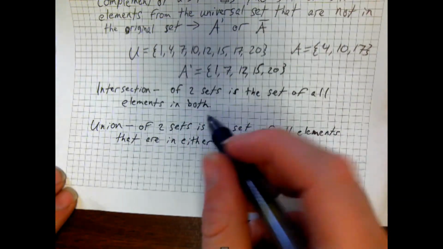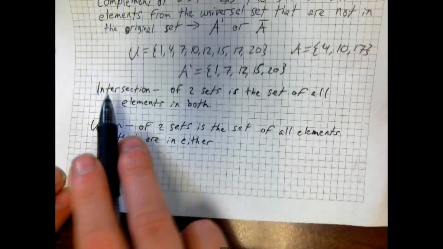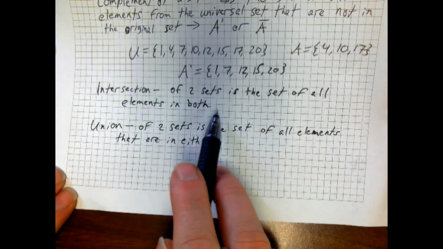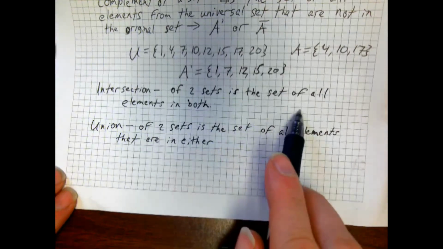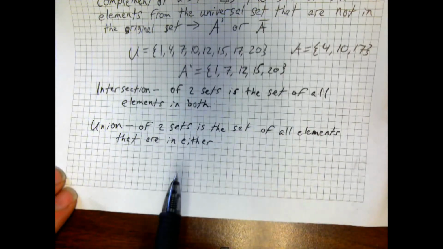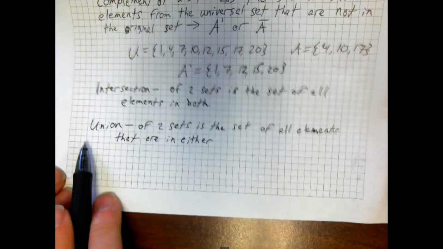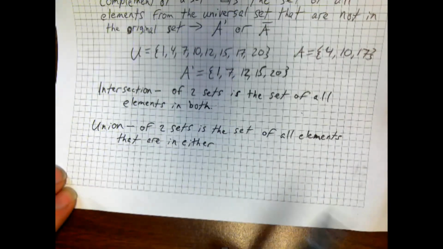So to be clear, if you have two sets of numbers, the intersection is all the numbers that appear in both sets. So if there's a 1 in this set and a 1 in this set, the intersection would be 1. So they both have to have the number for it to be part of both sets. The union is when you combine the two sets and it's just everything all thrown into one pot. So you put the two sets together and it's their combined elements.